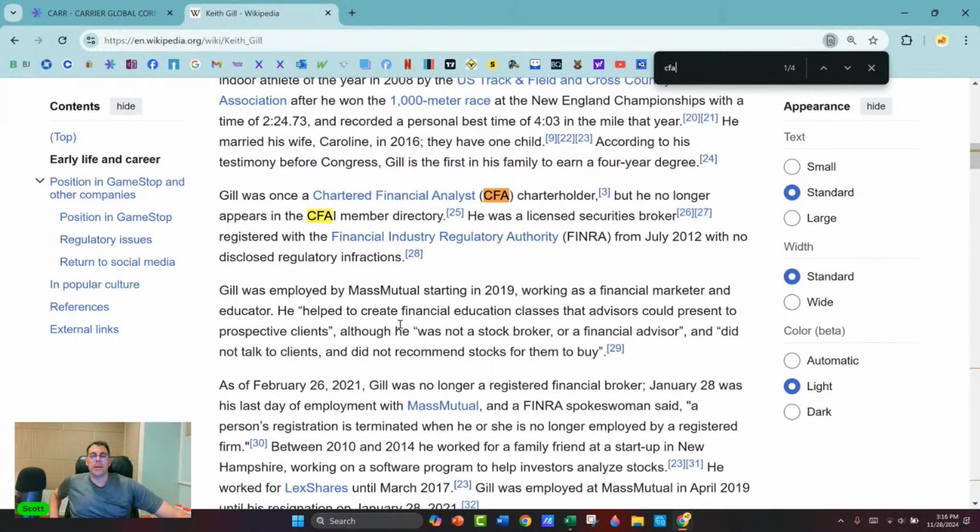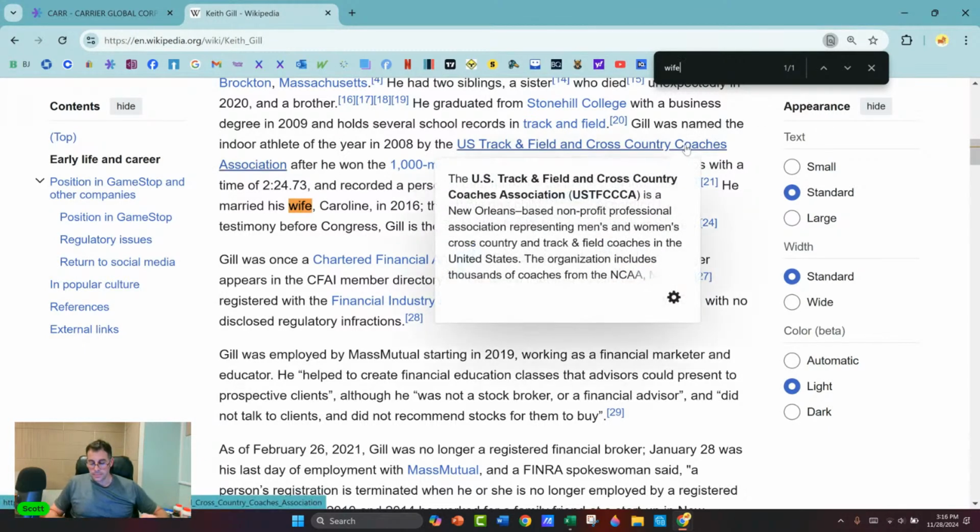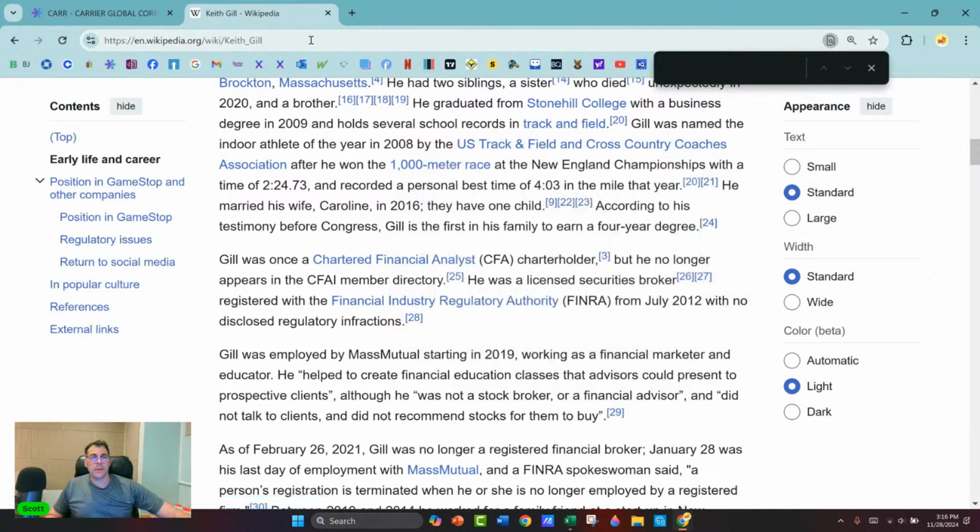I mean, he has so much money. He doesn't need that. He married his wife, Caroline, in 2016. According to testimony for Congress, Gil is... Yeah, it doesn't mention if she's... Not that it matters, but... Gil was named Indoor Athlete of the Year in 2008.